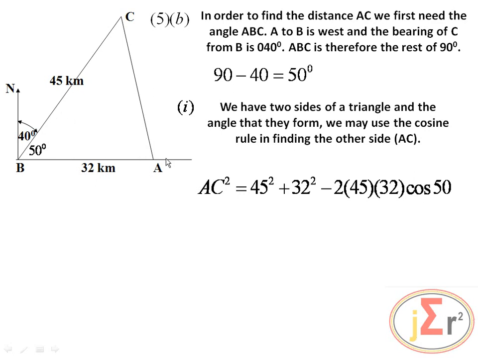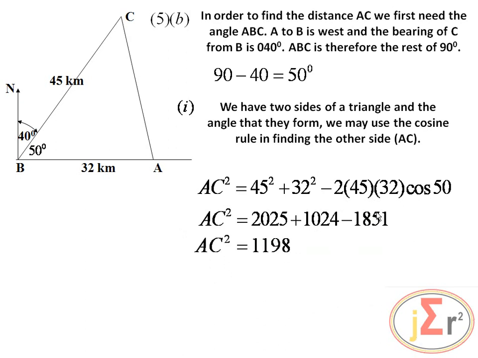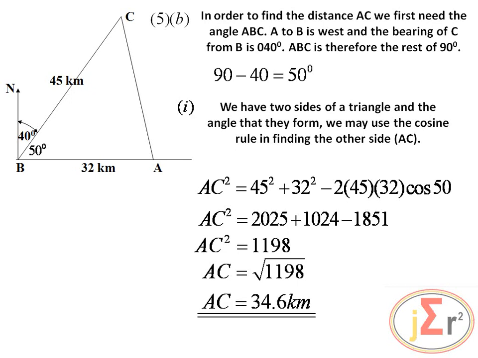AC squared is equal to what? 45 squared plus 32 squared minus 2 times 45 times 32 cosine of 50. In this step, we square 45, we square 32, and we do all of this multiplication in one step. AC squared is equal to 1198, and that we will find the square root of in order to find AC to be 34.6 kilometers. Right there.